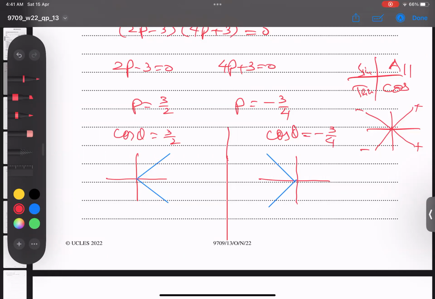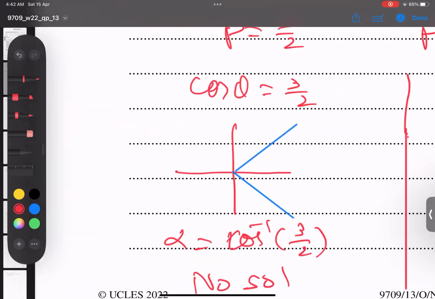When I take cos inverse, alpha is called the principal angle, cos inverse of 3/2. When I type cos inverse 3/2, I get a math error, because you know very well no solutions come from it. And now a short story I tell you: the highest value of cos and sine is +1 and the lowest value is -1.